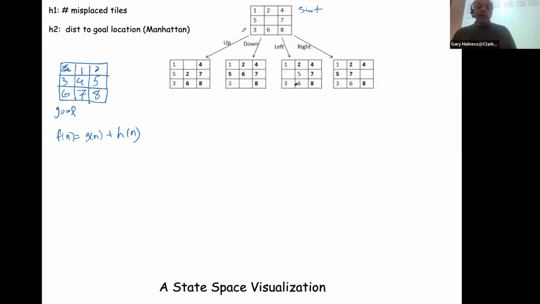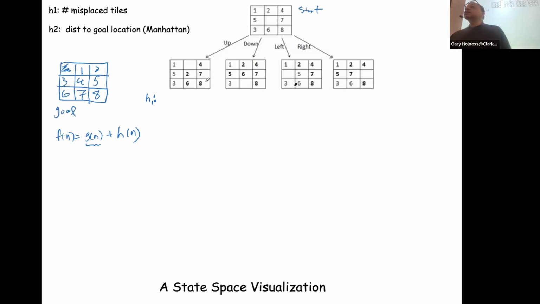And in this case, when we say up, down, left, or right, we think about moving the blank, right? And so it's a motion of the blank that we're alluding to with these actions. Okay, so for H1, we're going to write down what that value is. Well, first, let me ask you, what is G of n?